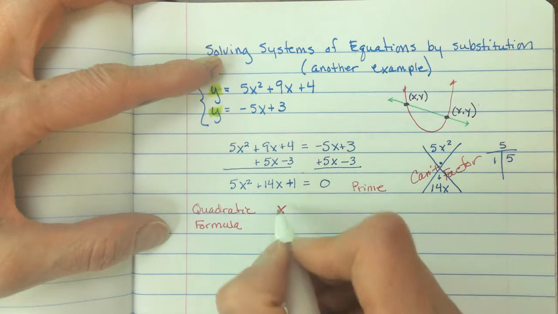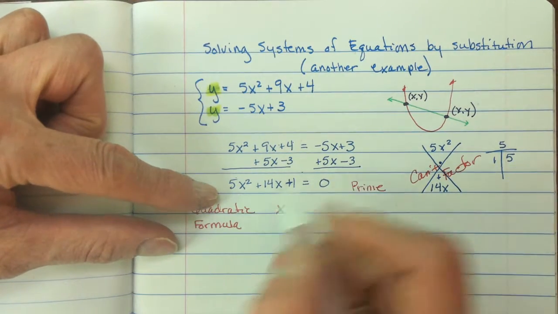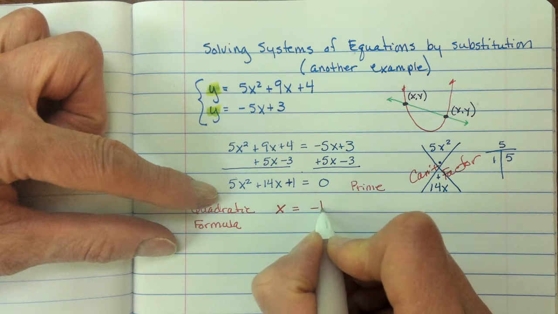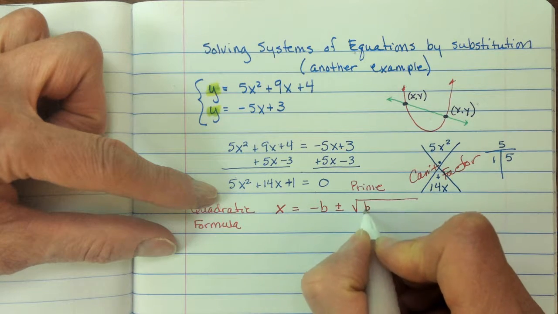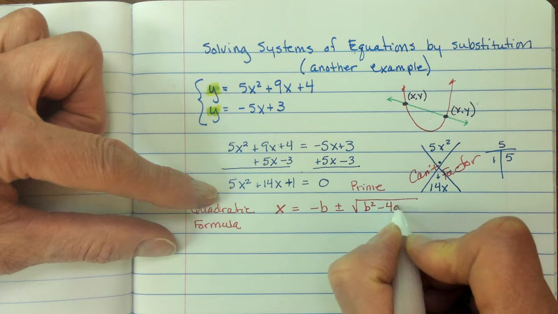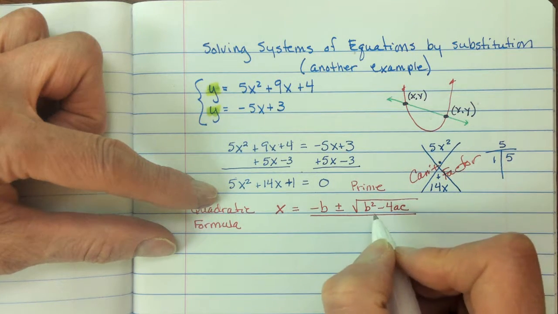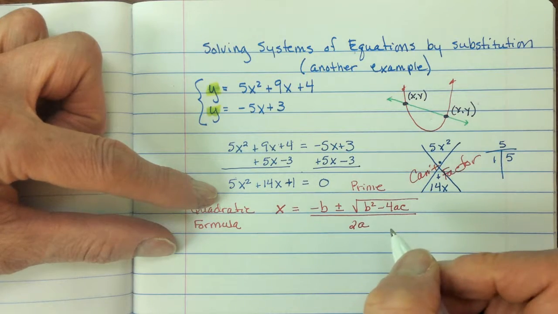So I'm going to put x is equal to negative b plus or minus the square root of b squared minus 4ac. That entire thing is in the numerator, and in the denominator I have 2a.